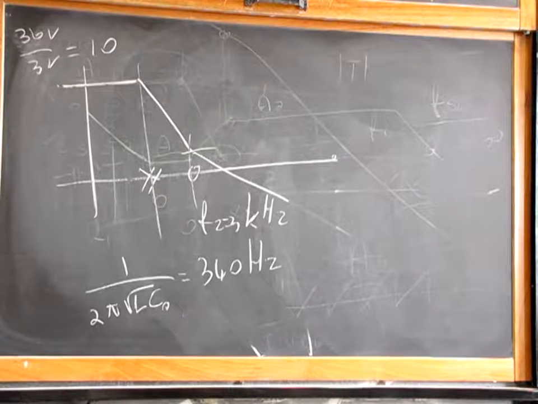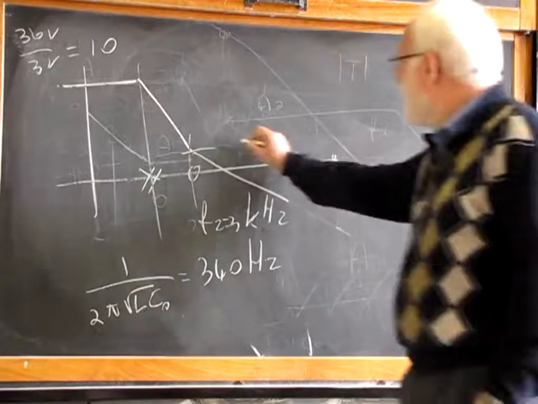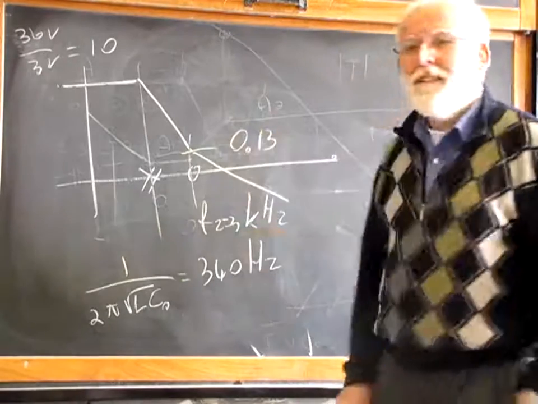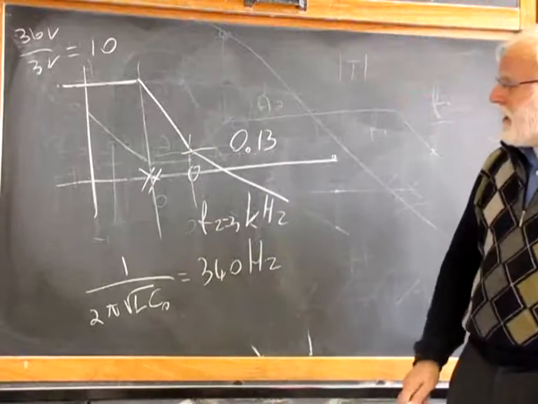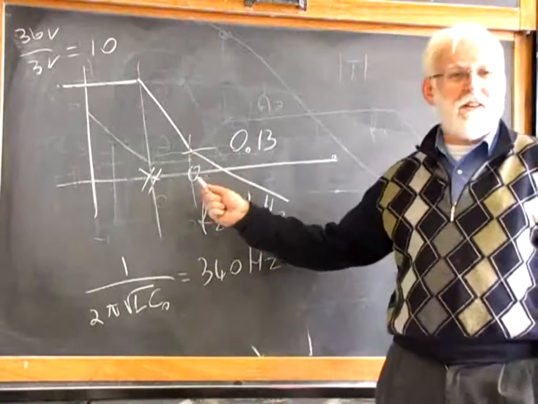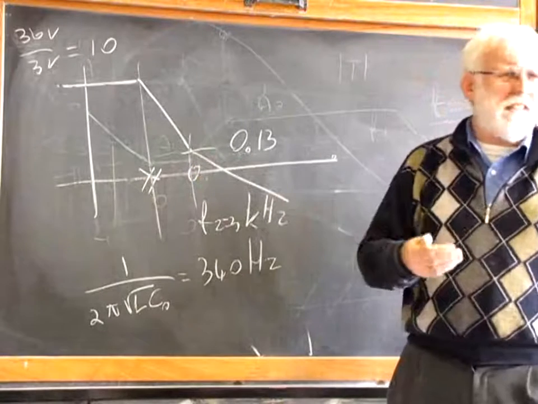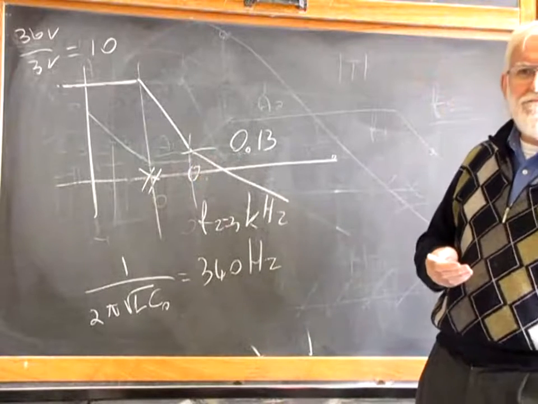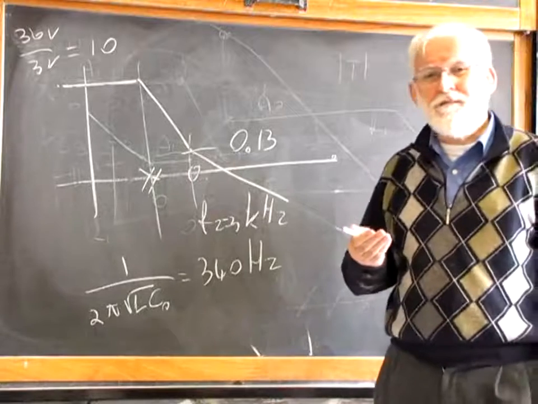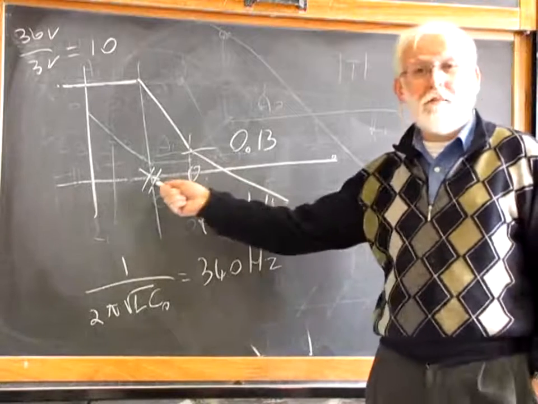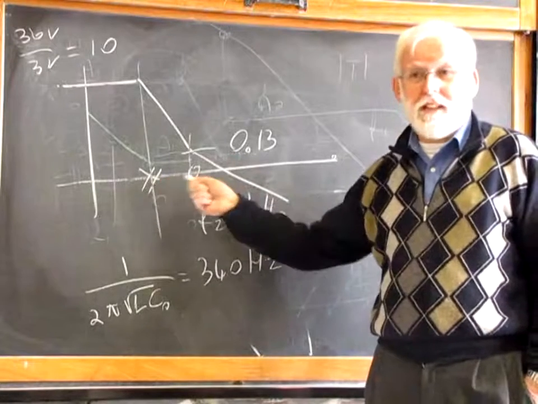Did you need your calculator to find this number? No. That's easy, because it's 3 kilohertz divided by 340 hertz. 3 kilohertz divided by 300 hertz is 10 times.